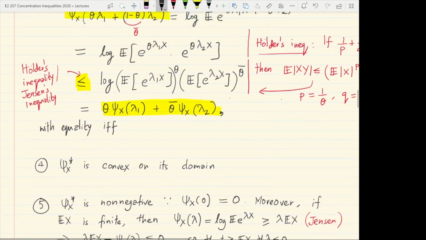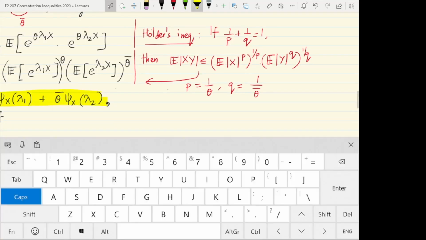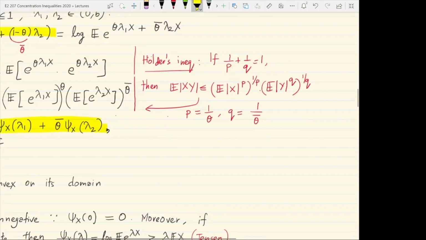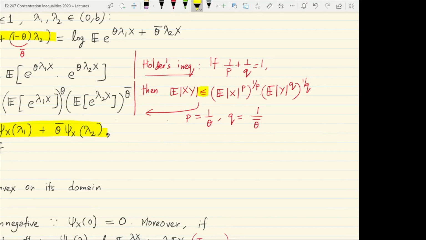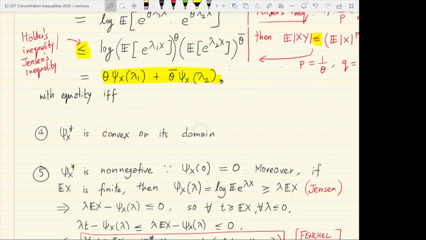So it turns out that in Holder's inequality, which I have written down here, this inequality is an equality if and only if x and y are scalar multiples of each other. Okay, so the random variables x and y are exactly related by scalar multiplication. So if you translate that requirement here, it means that the random variable e raised to lambda 1 x has to be a scalar multiple of e raised to lambda 2 x, okay, with probability 1, almost surely.